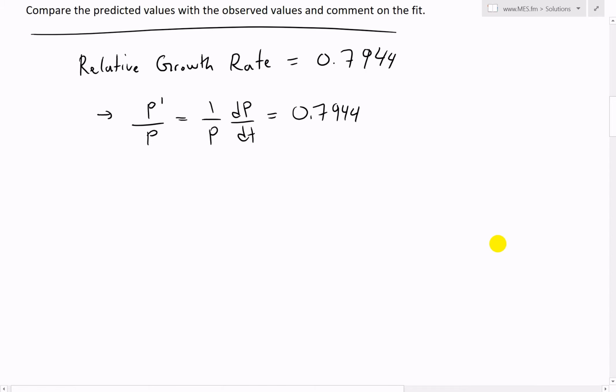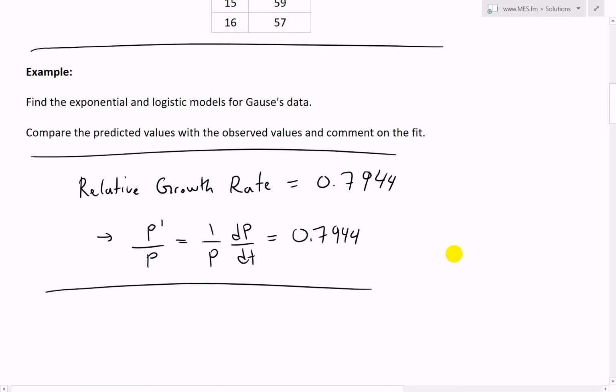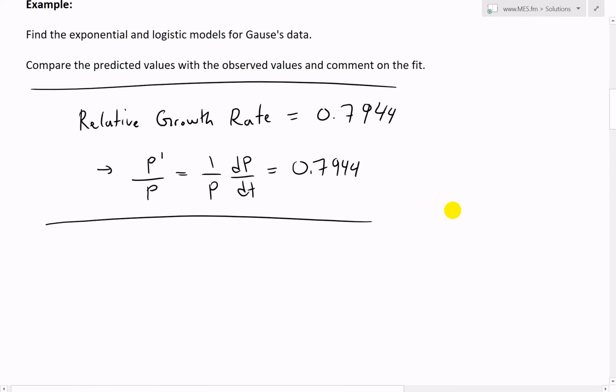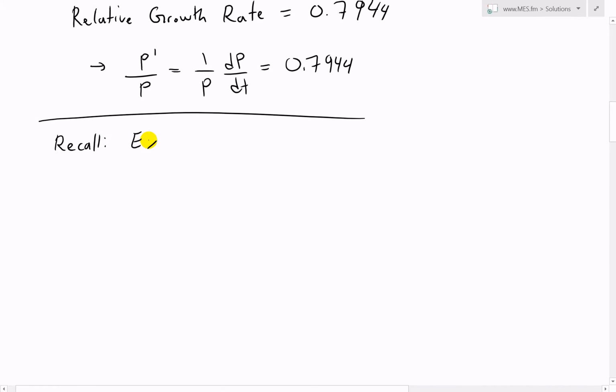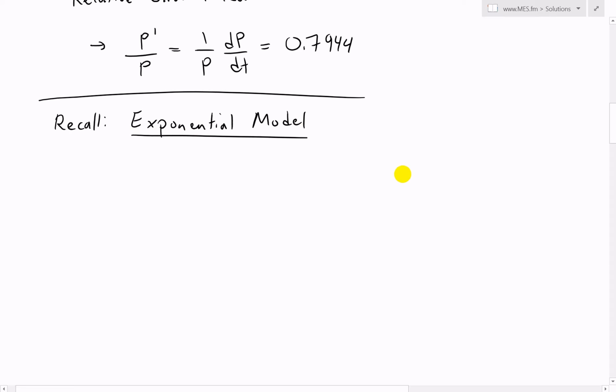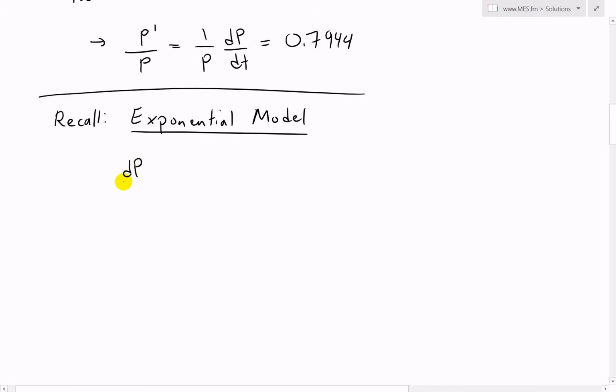Now let's look at the exponential model. So find the exponential and logistic models. What I'll do is recall the formula for the exponential model. And this model, as I showed in my earlier videos on population growth, is dP over dt equals k times P, where the lowercase k is the proportionality constant.